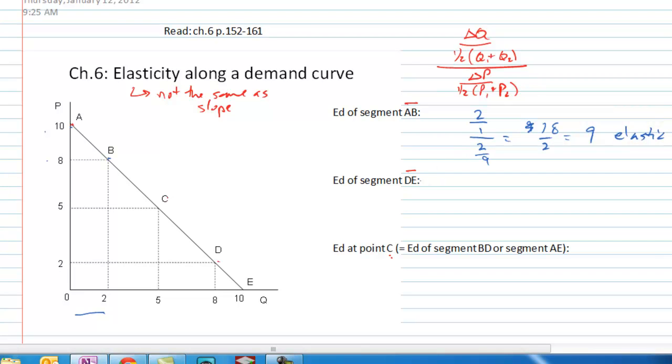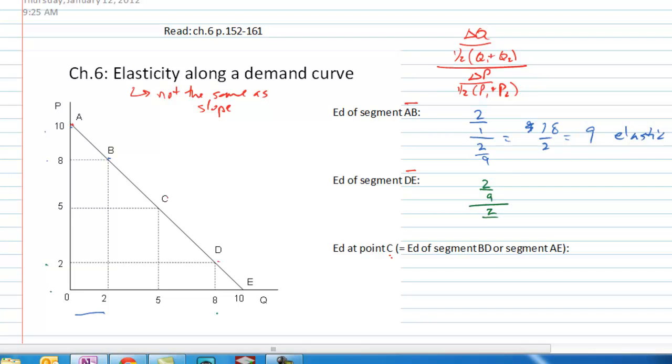Okay, next we'll do segment DE. The change in quantities, we've got quantities from 8 to 10 for DE, so the change is 2. And the midpoint of those quantities is 9. Prices from D to E are from 0 to 2, so the change again is 2.